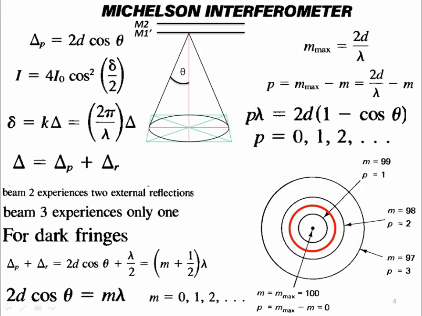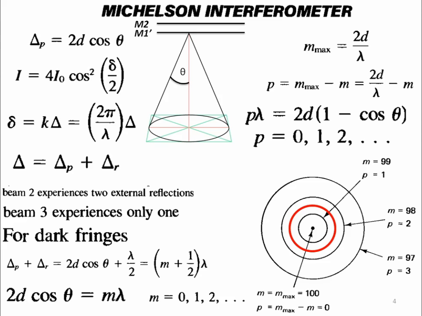There is another important thing which we should notice: if we keep on changing d in a specific direction only, by changing d we are moving a mirror. Initially, suppose this mirror was somewhere here, and I am decreasing d. This mirror will ultimately reach a distance equal to the distance of mirror m1.